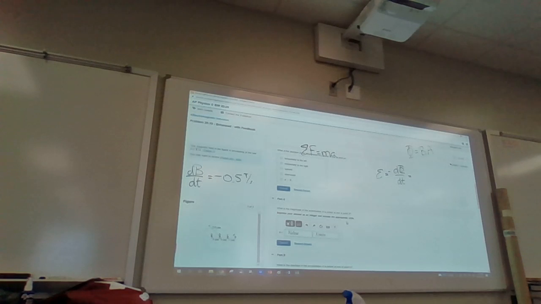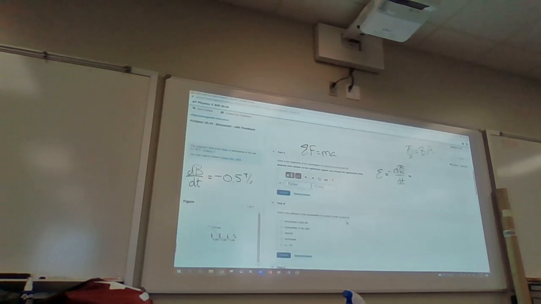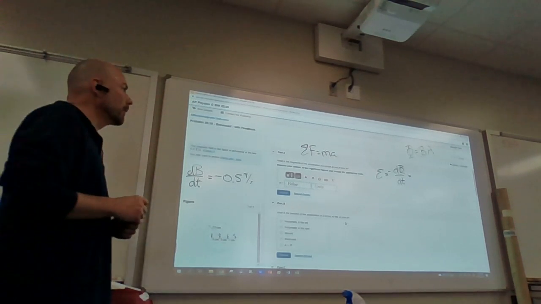And point B. Yeah, because the magnetic field is decreasing.